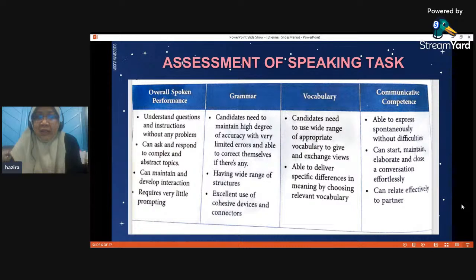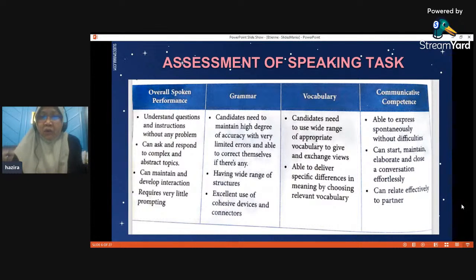And you only require very little prompting. You have to bear in mind the overall spoken performance is the only mark given by your interlocutor, or the one who will be sitting right in front of you during the exam.